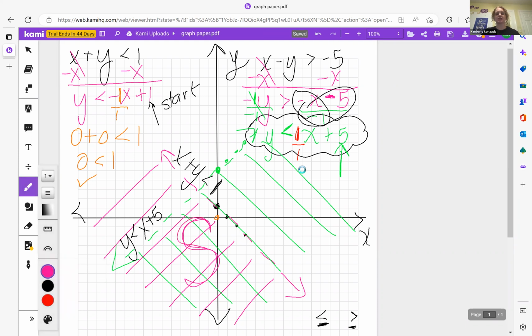That's the solution set. You can pick any point in there and it'll solve both inequalities in the system. I can outline that area if I want to, but don't really do that on your paper. I'm just doing that for visual effect, because you don't want to make those lines solid. I'm just showing you where the solution set is.